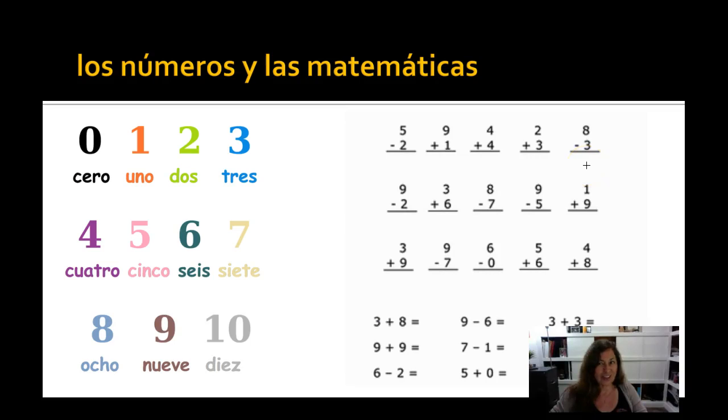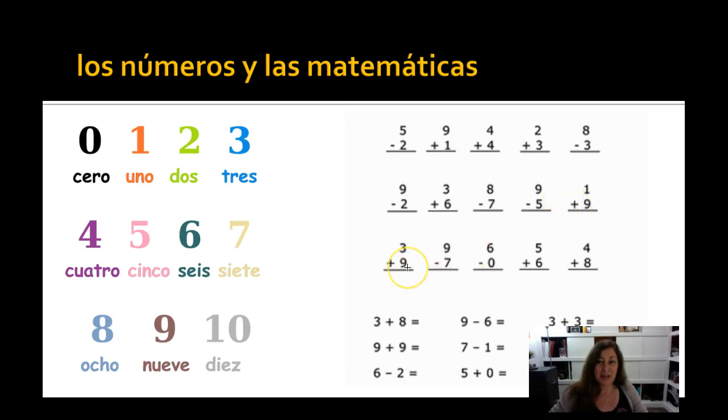All right, you get the idea, right? We're rolling. Nueve menos dos es siete. Tres más seis es nueve. Ocho menos siete es uno. Nueve menos cinco es cuatro. Uno más nueve es diez.